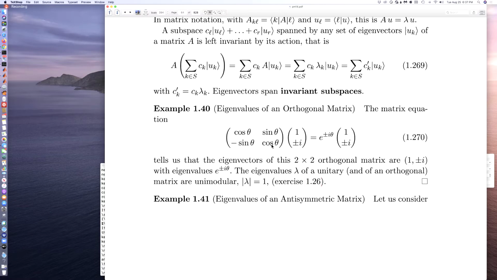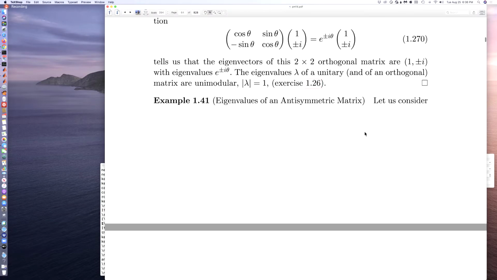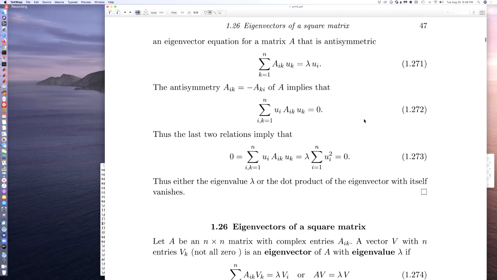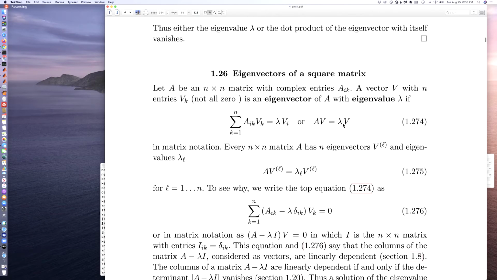This one is not symmetric and not Hermitian, so its eigenvalues are complex, and the eigenvectors in this case are also complex. I think we can probably skip that, but I think you should read it.